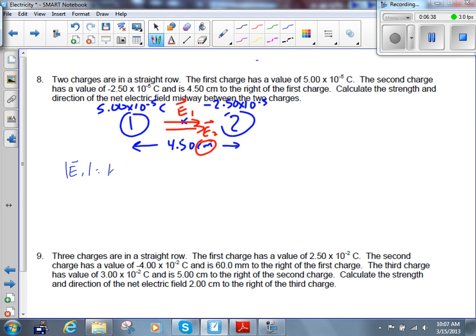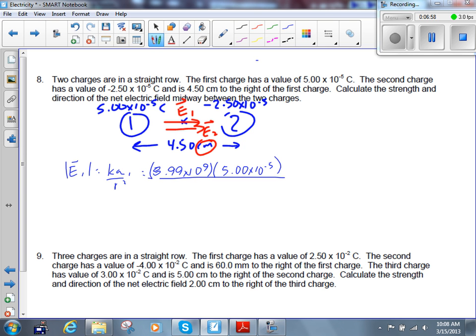E1 is kQ over r squared: 8.99 times 10 to the 9, times 5.00 times 10 to the minus 5. What's r going to be? 2.25 centimeters, which we're going to have to convert to meters.